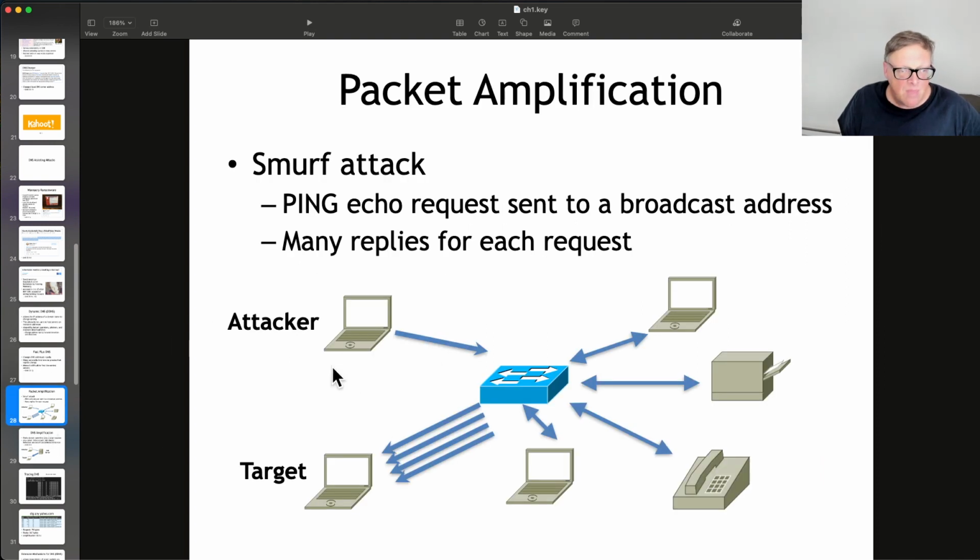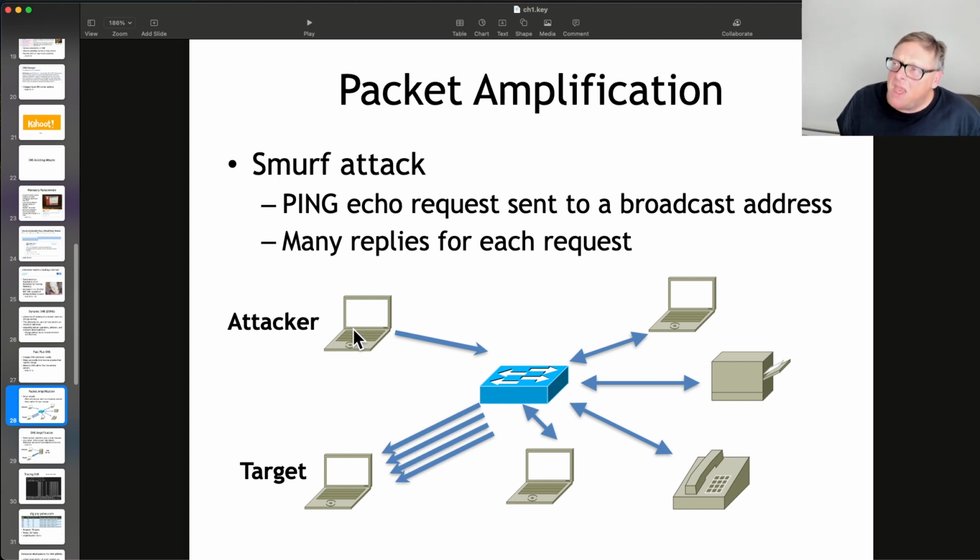Then there are packet amplification attacks, which someone already asked about. The original one was the Smurf attack. You would send a ping to a broadcast address. So you could ping a broadcast address at, say, City College. It would go through the internet and hit thousands of machines at City College. They would all reply, and that large number of replies would come back to the attacker.